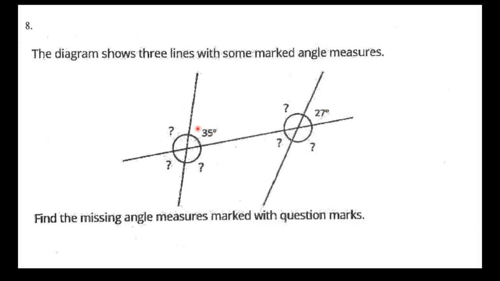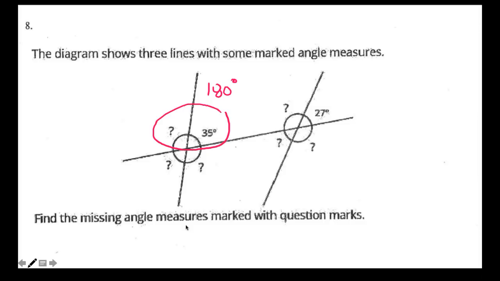Excuse me, on the right here is 35, and this measurement is 27. If we had parallel lines, they would both be 35. So because these two are not congruent, that means we're not dealing with parallel lines. So keep that in mind as you're working here, okay?